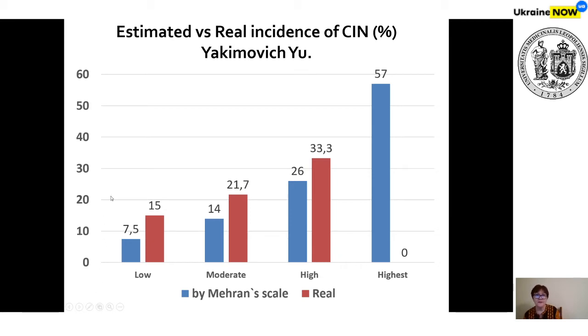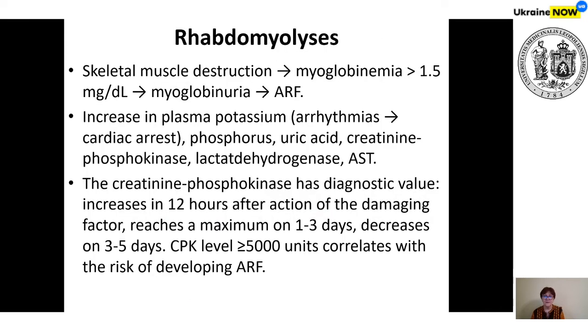He compared the incidence of contrast-induced nephropathy estimated using the Mehran scale and the real incidence. And he showed that the real incidence is much higher than estimated by the Mehran scale.